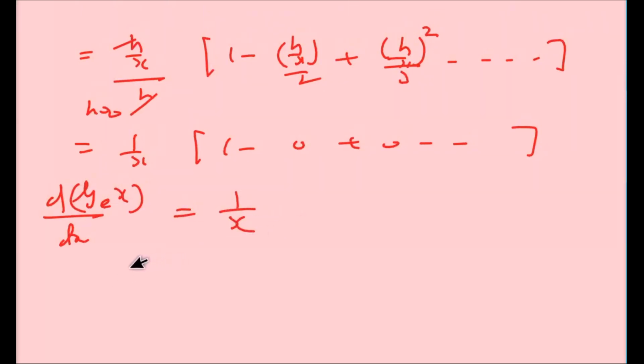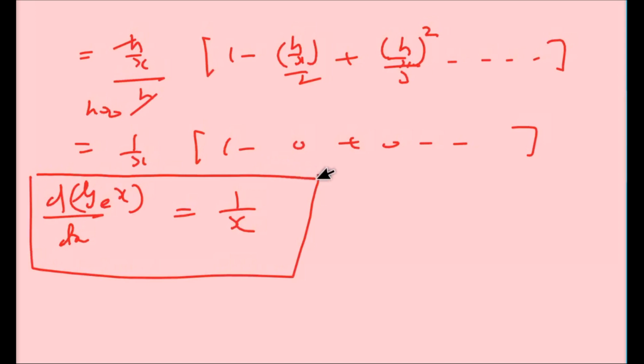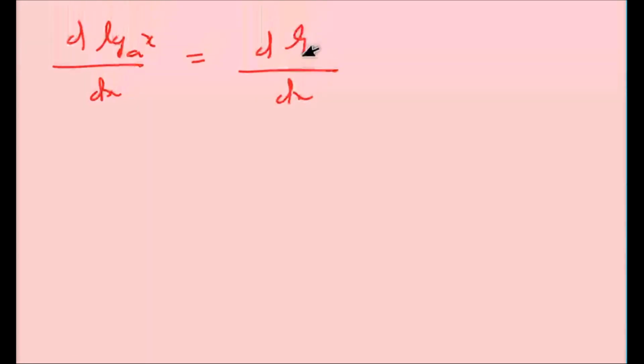Okay, now if we want to take the differential of log at any base, first we have to change it: log of a base e into log of e base x.